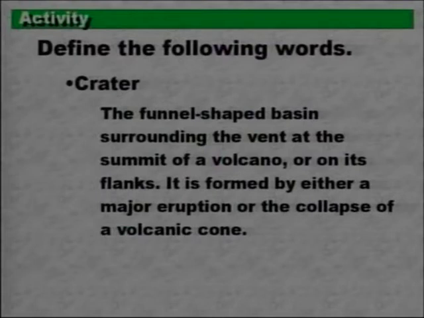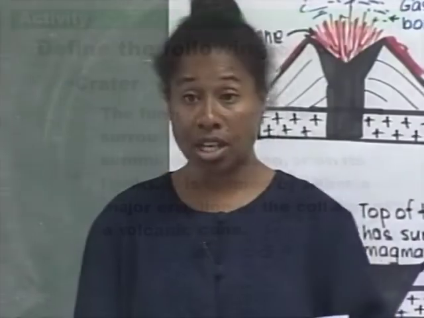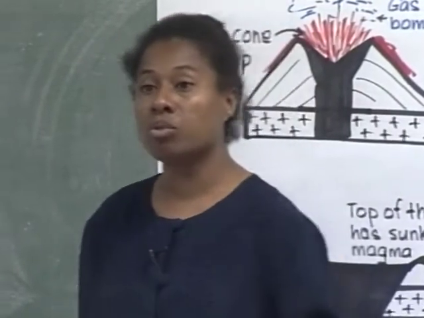It is formed by either a major eruption or the collapse of a volcanic cone. So we're looking at the crater. It is the funnel-shaped basin at the top of a volcano usually, where magma is allowed to flow out from. Okay, we check on the definition.